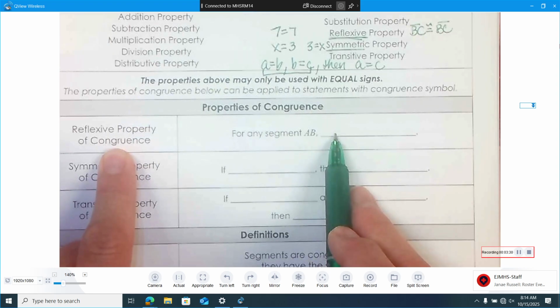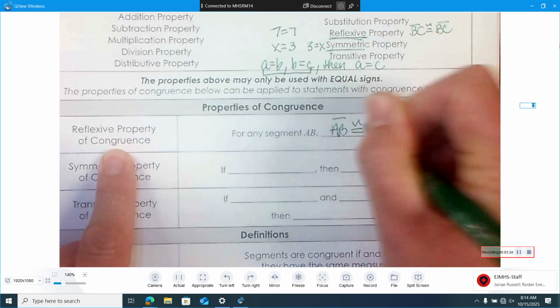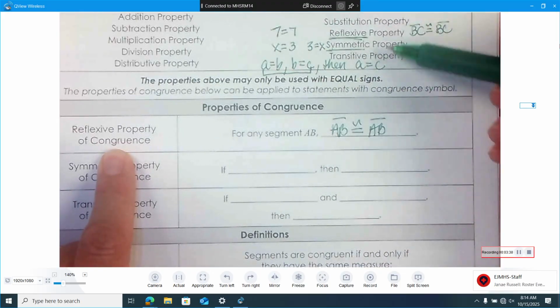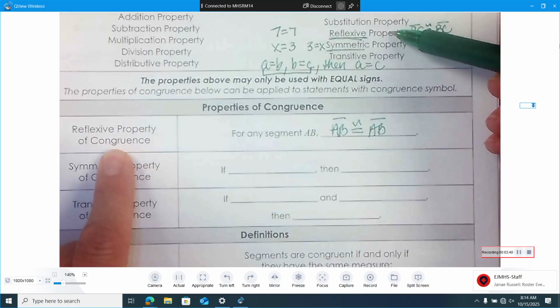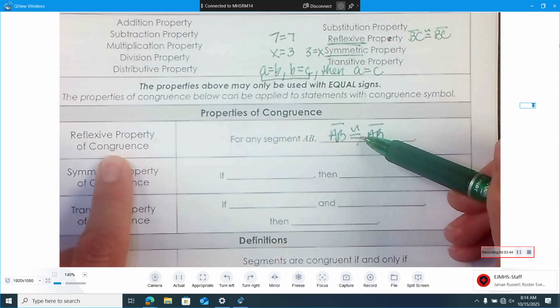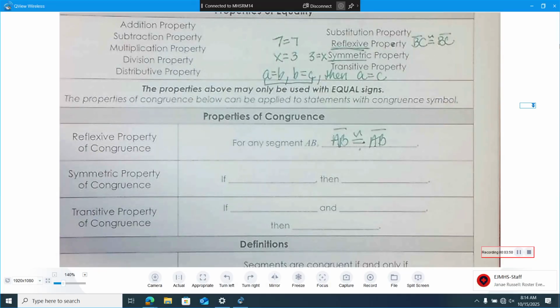For any segment AB, segment AB is congruent to segment AB. It is exactly the same as the reflexive property of equality, but since we have a congruent symbol here, we call it the reflexive property of congruence, okay? It's still the reflexive property for us either way.